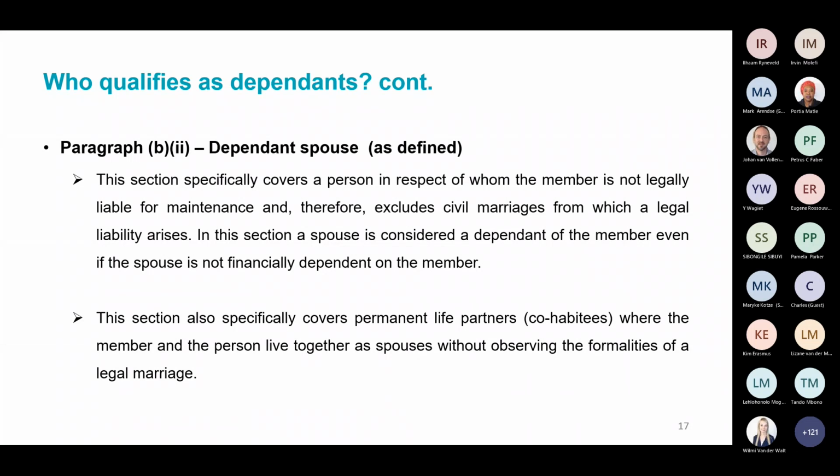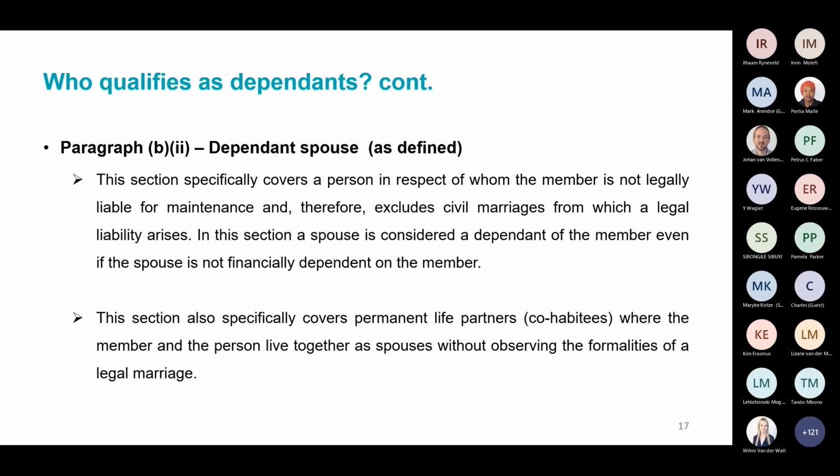The section will also specifically cover permanent life partners, cohabitees, where the member and the person live together as spouses without necessarily, of course, observing the formalities of a legal marriage. And that's important because, in the South African context, as you may know, there are many people who choose not to do a formal marriage.